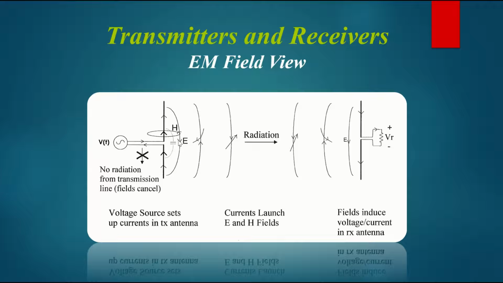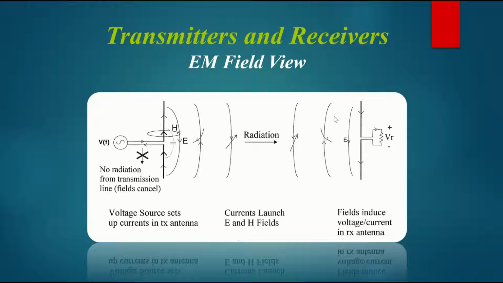And what happens to make radio work, as figured out by Maxwell and then demonstrated by Hertz long, long ago, is once these electric and magnetic fields, which are time varying, are created near the antenna, according to Maxwell's equations, according to the structure of the universe, how things really work, they will regenerate themselves and no longer be dependent on the source, and they will propagate away from that source.